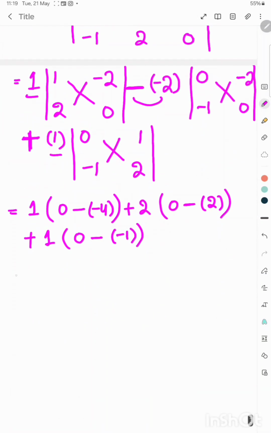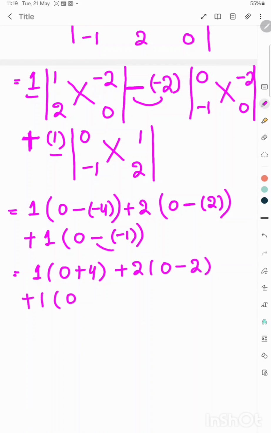So what I get here is 1 times (0 plus 4), plus 2 times (0 minus 2), plus 1 times (0 minus 1). As you know, minus into minus is plus.